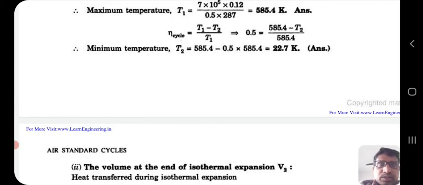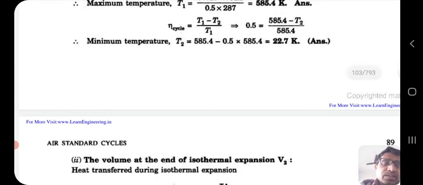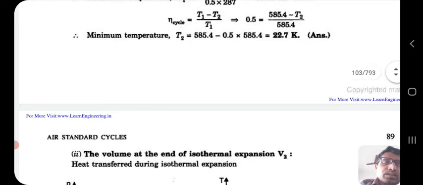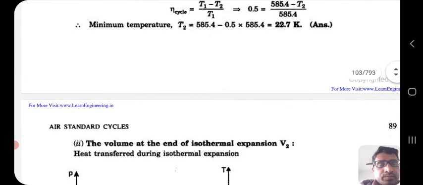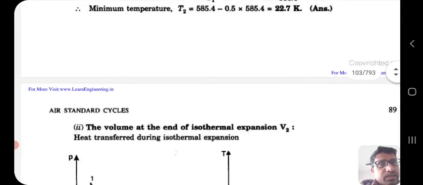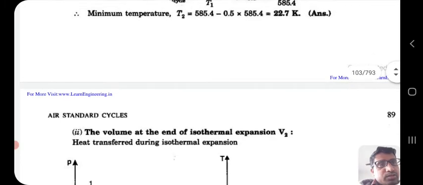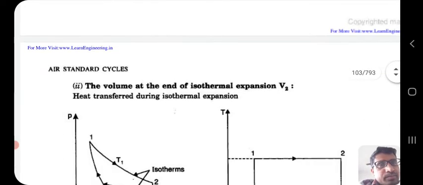So, efficiency of the cycle is (T1 minus T2) by T1, 0.5 equals (585.4 minus T2) divided by 585.4. Minimum temperature T2 is equal to 585.4 minus 0.5 into 585.4, that is 292.7 Kelvin.